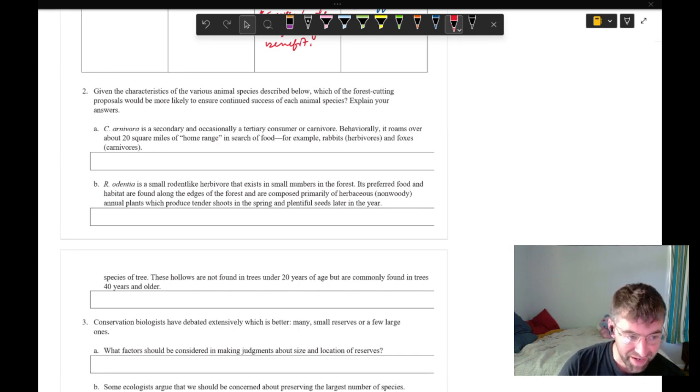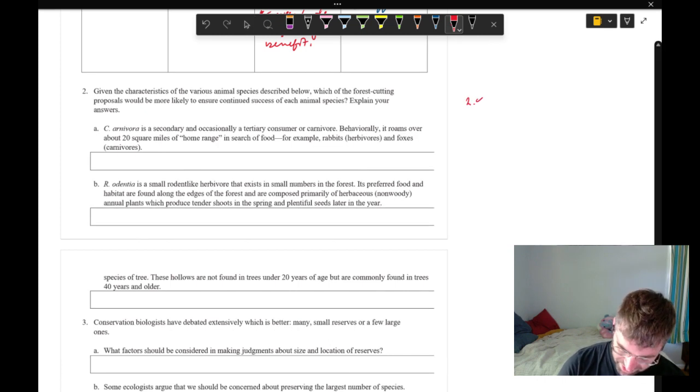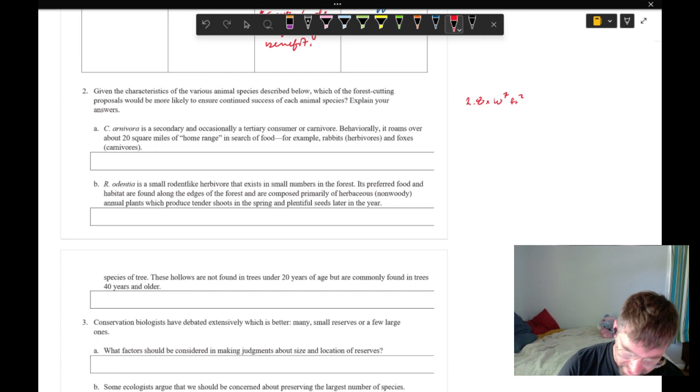So 1 square mile is 2.8 times 10 to the 7 square feet. So 20 square miles is 56 times 10 to the 7 square feet.